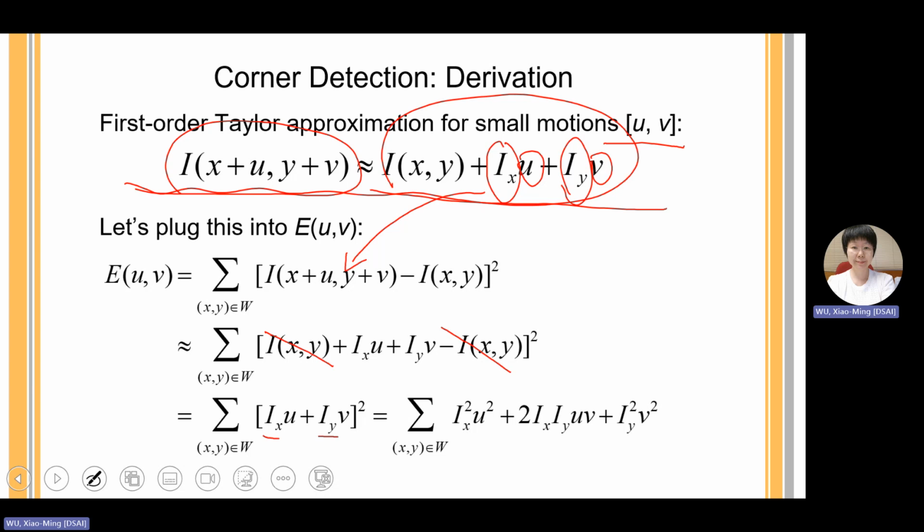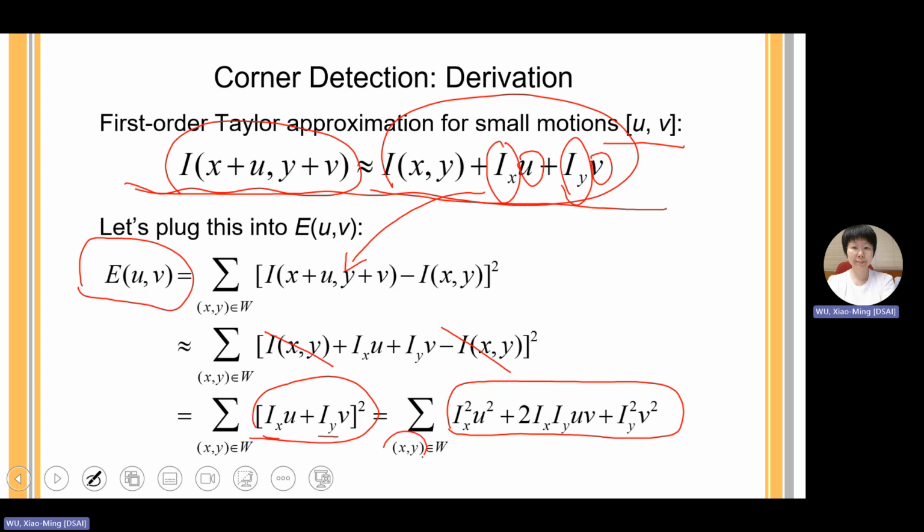What are Ix and Iy? Ix is the x derivative, and Iy is the y derivative. So this term can be computed. If we expand this, it can be computed like this. For any pixel, x y represents the coordinate of any pixel within this window.